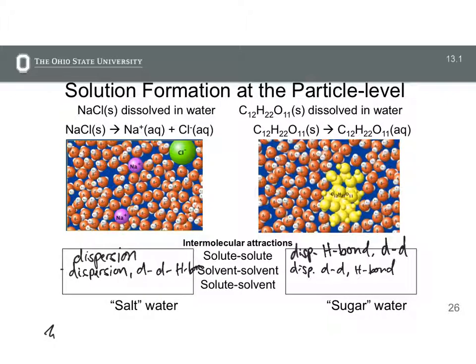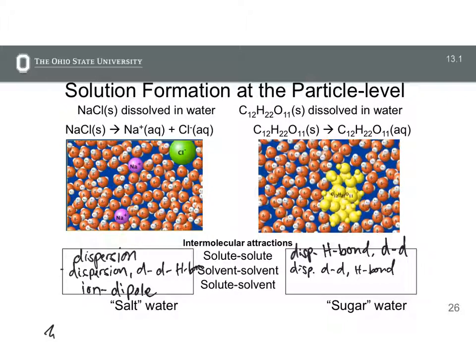Solute, solvent. What's the interaction here for our salt water, salt plus water? Ion dipole. Anything else? There are dispersion forces, but we don't necessarily call those out when we're talking about a mixture.